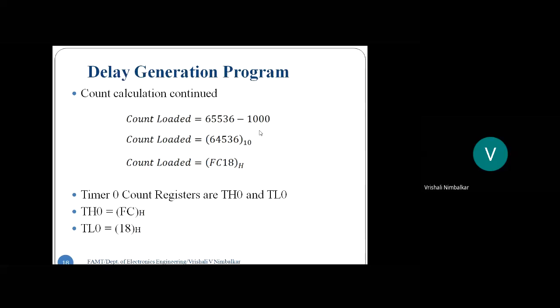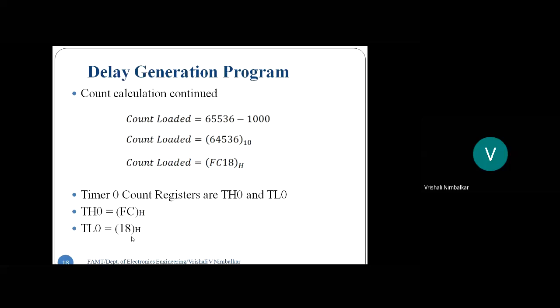So how do we fix that problem? We subtract 1000 from the terminal count, the maximum count 65536, and that is what is loaded. Now 64536, the count to be loaded, is in decimal. We converted it into hex, that was FC18, and we loaded this into the registers.